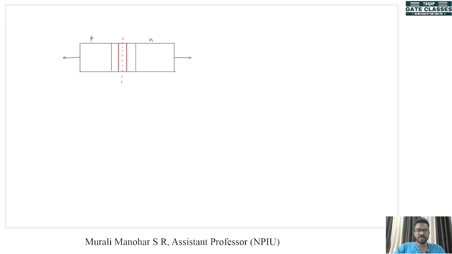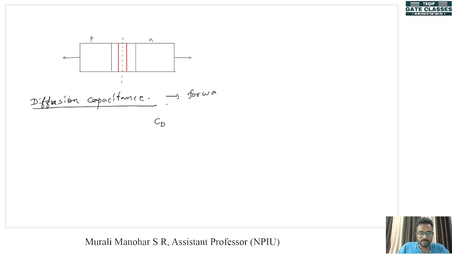The depletion region has not completely vanished. That means there will be transition capacitance. But in this case, there is some other capacitance called diffusion capacitance, which will be more than the transition capacitance.